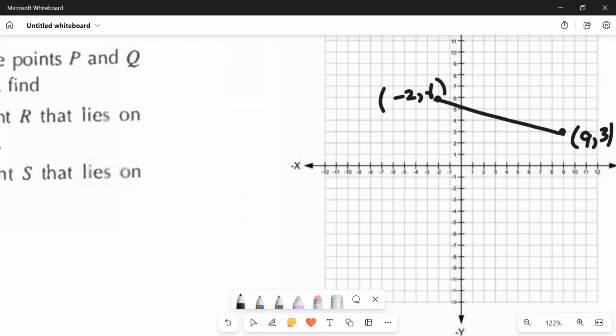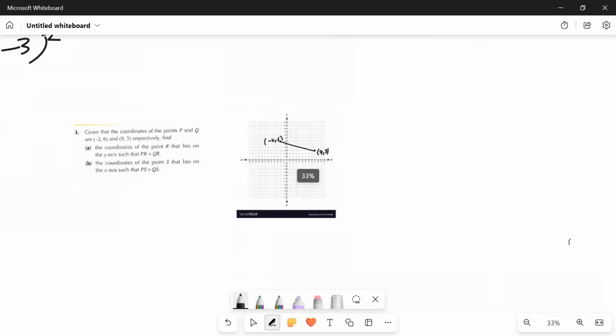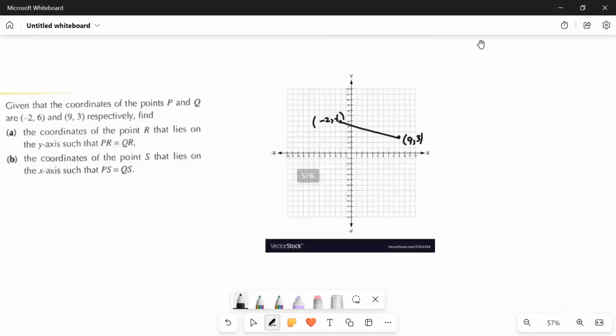Now the first part is given: the coordinate of the point R that lies on the y-axis. We don't know where the point is, but it's mentioned here that the point is on the y-axis.